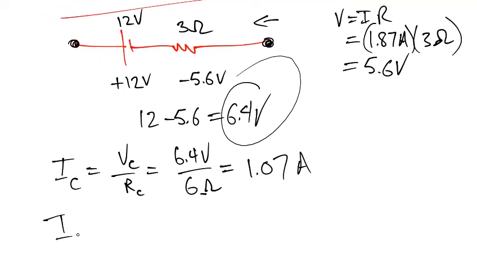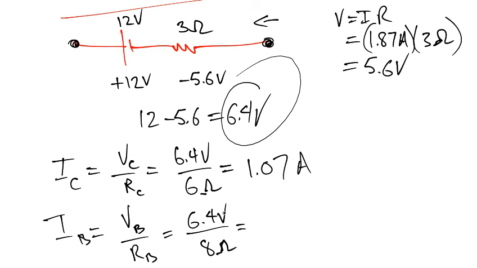And guess what? If we do it for B, where we go VB, and by the way, remember what I mentioned before, voltage across parallel resistors is the same, divided by the 8, because of the RB, that's ohms. We get 6.4 divided by 8, and bingo, we get 0.8.